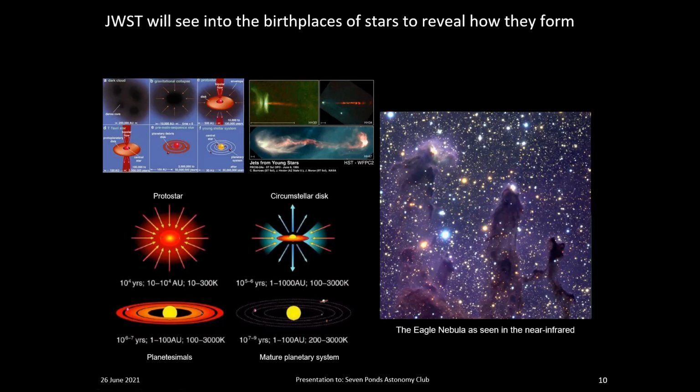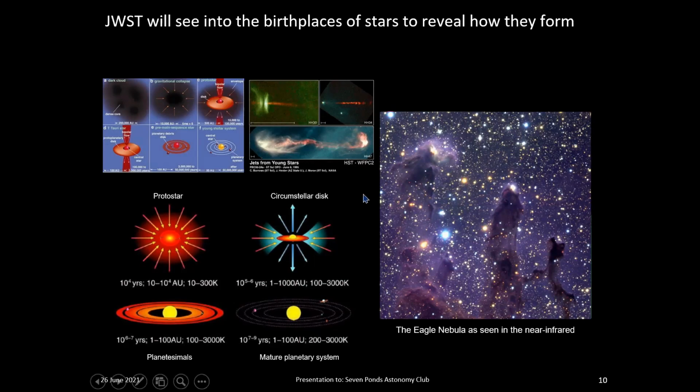And as that pressure becomes high, the gas gets hot, just as it would if you were filling a bicycle tire at the gas station. The tire gets warm when you fill it. Same thing happens in the cores of these clouds, only in this case, it gets really, really hot to the point where nuclear fusion begins. And this is how stars are formed.